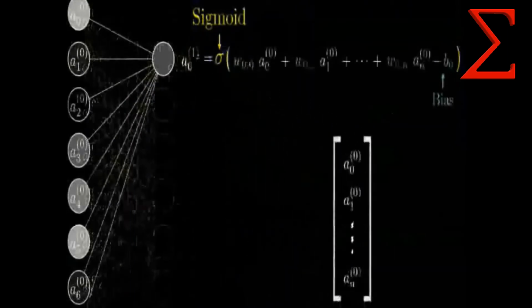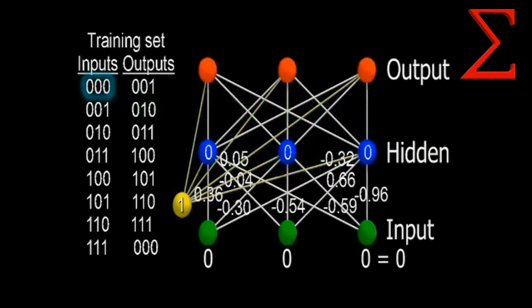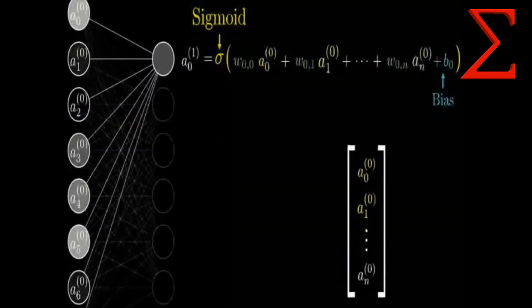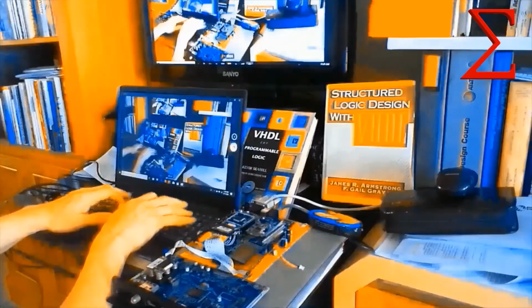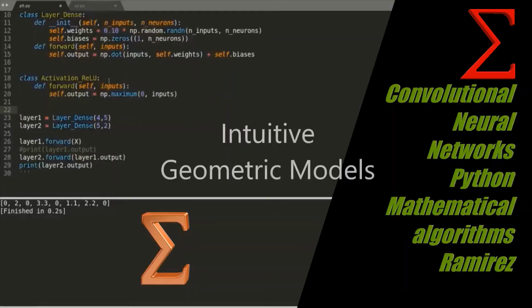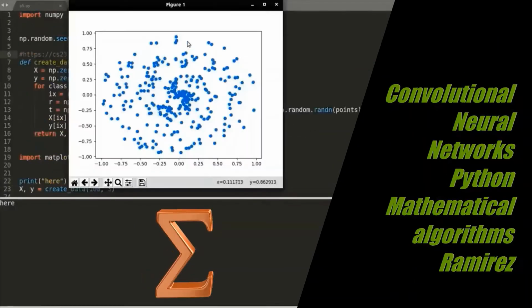The learning algorithm can be divided into 2 phases: propagation and weight update. Phase 1 is propagation. Each propagation involves the following steps. 1. Propagation forward through the network to generate the output values. 2.